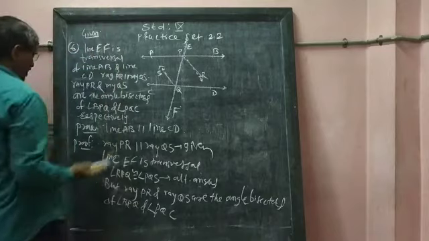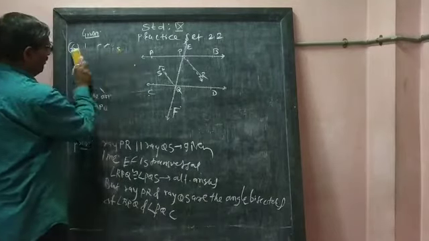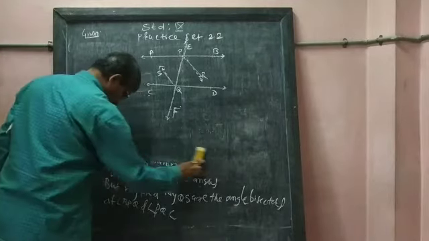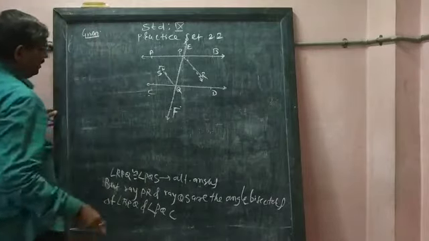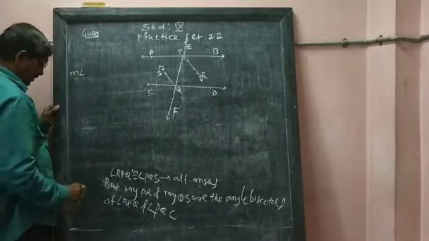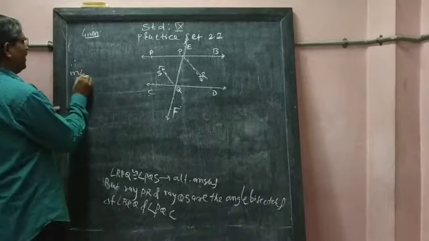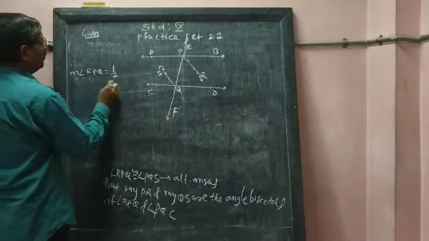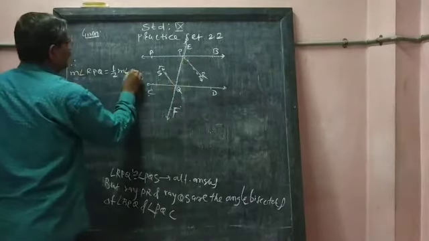Now I want sufficient place here, so I am going to erase this all and write from the beginning again. So then what will happen? Please look. Therefore measure of angle RPQ is equal to 1/2 measure of angle BPQ.